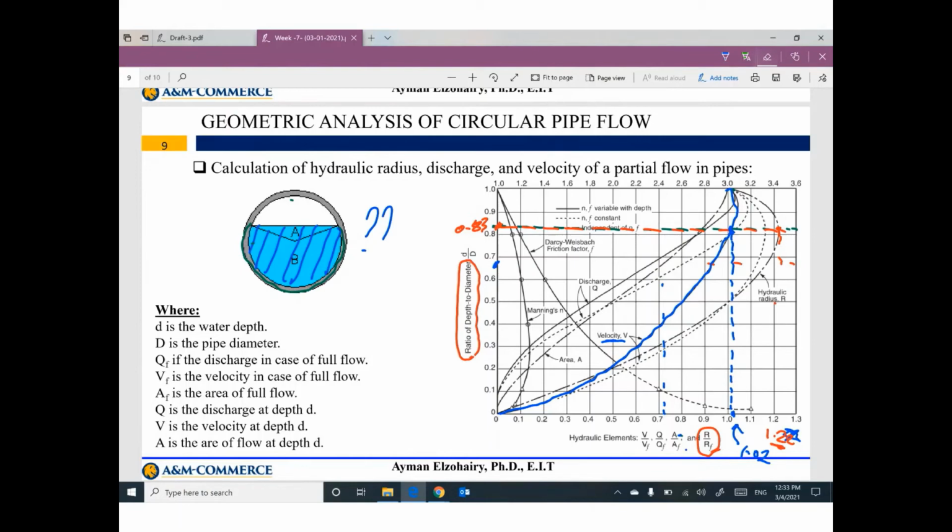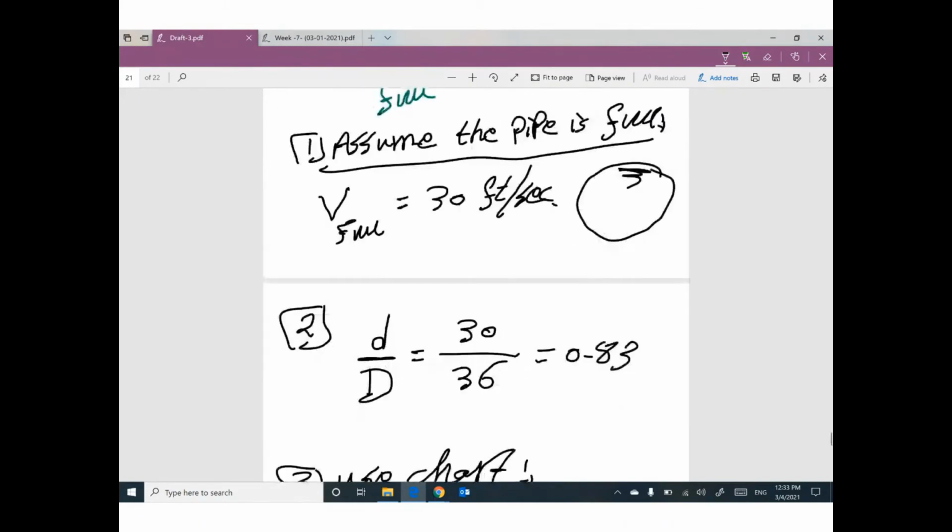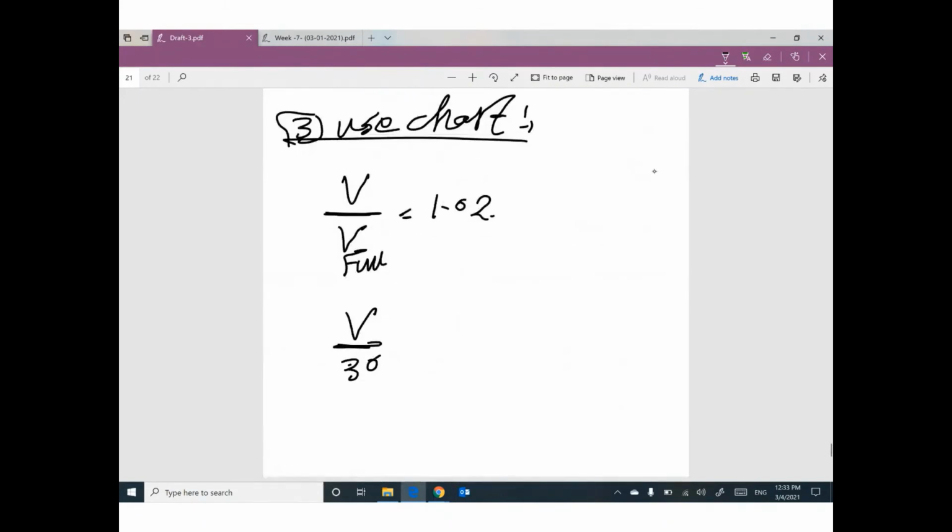Anybody can tell me what this value represents? 1.02 represents what? You are using the velocity curve, so this value represents the ratio of velocity divided by velocity full. The required velocity divided by the full velocity, which was given as 30, equals 1.02.